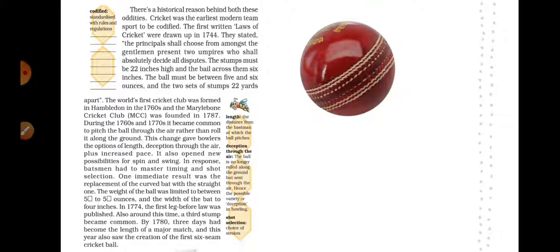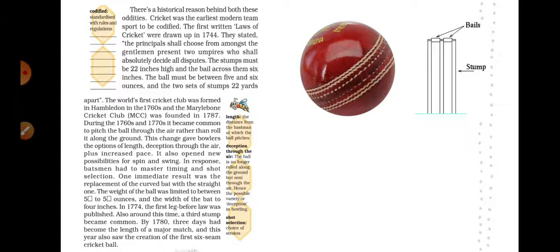All these rules were fixed by the laws of cricket, which were drawn up in 1744. Around 1780, cricket had become a major sport, and the time limit of a cricket match could be 3 days. At that time, it was called a first class match.